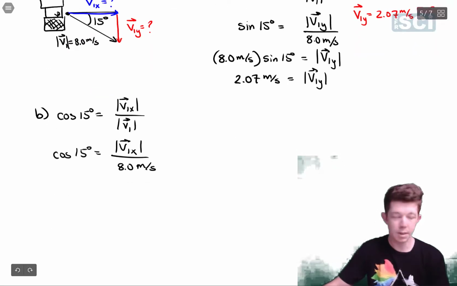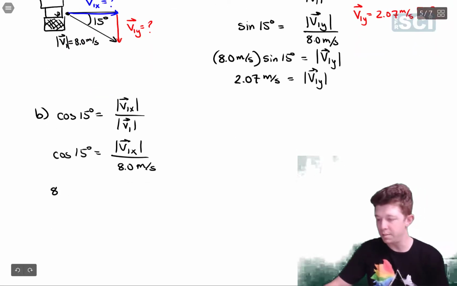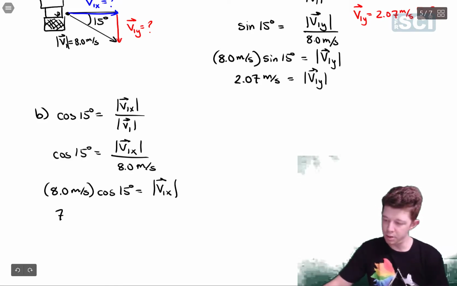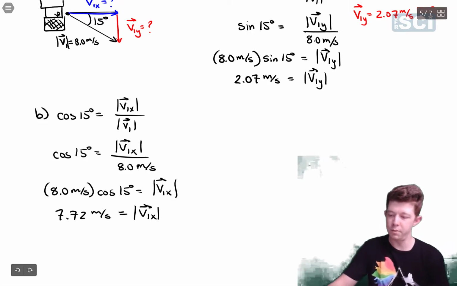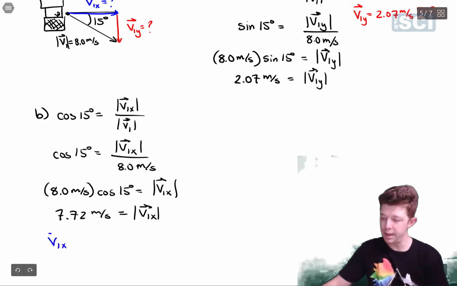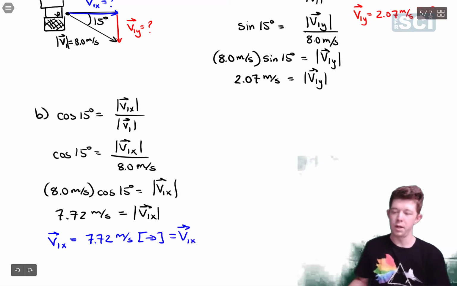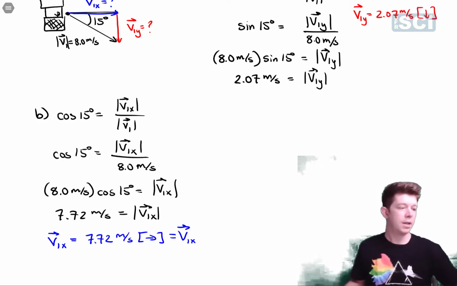We're going to multiply both sides by 8.0 meters per second, cosine of 15 degrees, and we get v1x. That should give us 7.72 meters a second as the magnitude of v1x. Which means I can write v1x as a vector: 7.72 meters a second, and we're going to call it forward, based off the drawing that we have. That's the direction.